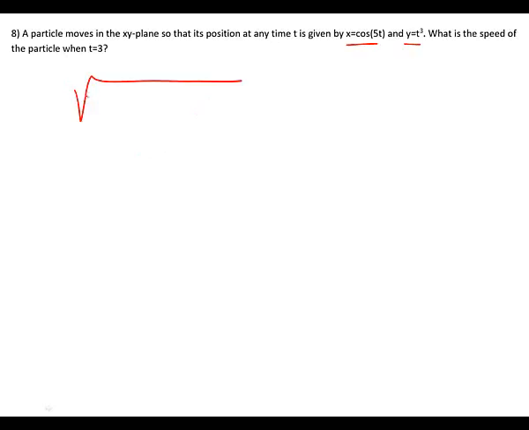She wrote basically magnitude. All right, so we need to take the derivative of that and square it, right? So what's the derivative of cosine 5t? Negative 5 sine 5t, squared. What's the derivative of this thing here? 3t squared, right? It gave us a number, didn't it?